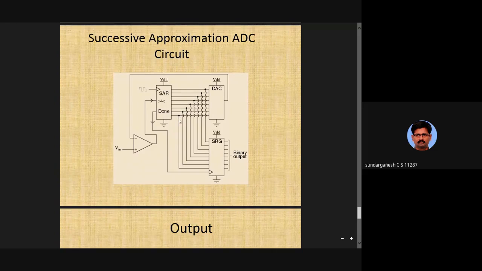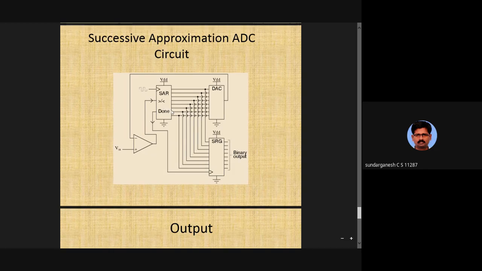The corresponding bit position is taken. The 1.25 volt will be coming from this DAC. It is compared with the input voltage, and here it is checked. If the input voltage is greater than this 1.25 volts, then we take the next value.